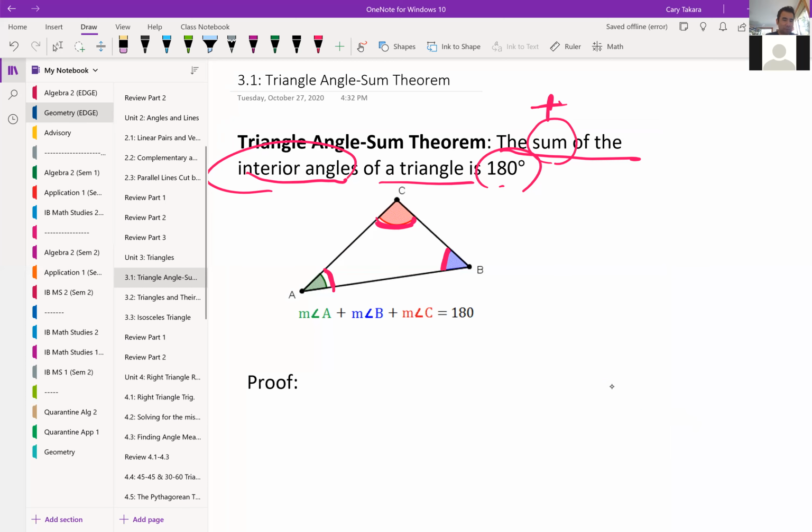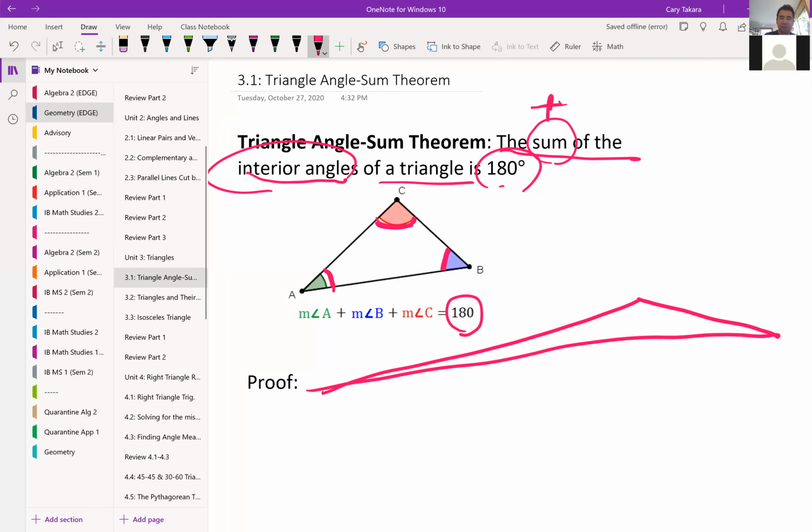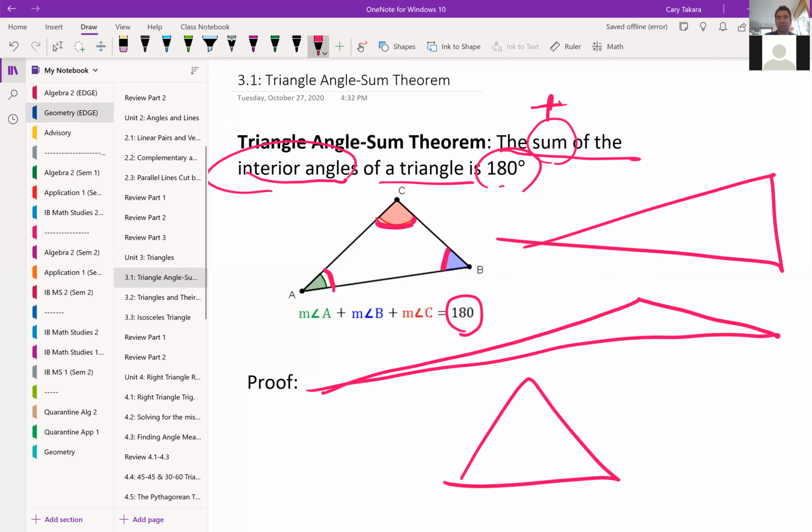Well, it's been proven that no matter what kind of a triangle it is, like even a skinny triangle or a right triangle, it doesn't matter whatever the triangle is. If it is a triangle, if you add all the interior angles, it's always going to be 180.